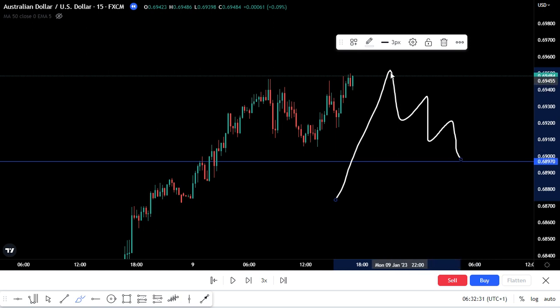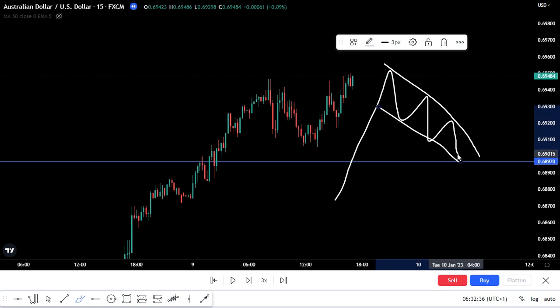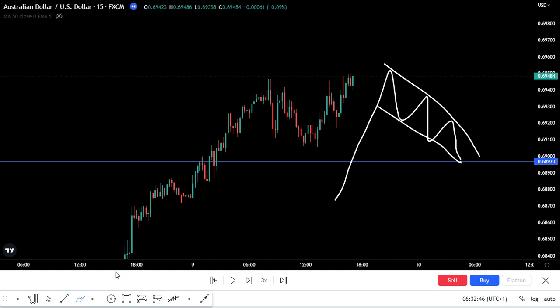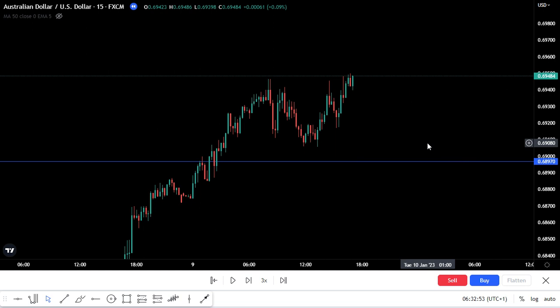We can easily draw in our line. This is a bearish flag, so we wait for the price to clear the previous swing high, and we buy, or the price retests before we buy. But the retesting doesn't happen all the time, so you won't always be waiting for the price to retest before you buy or sell, right?